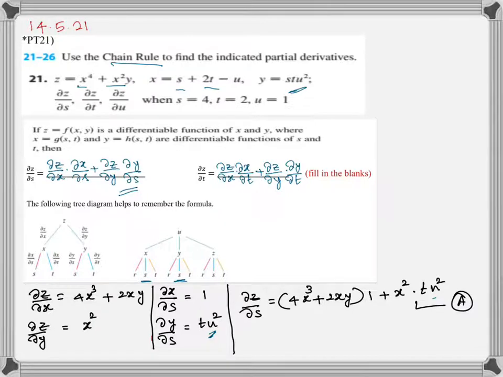Call it A. Similarly, we are going to do the other partial derivatives. So ∂z/∂t is ∂z/∂x times the partial derivative of x with respect to t, plus the partial derivative of z with respect to y times the partial derivative of y with respect to t.